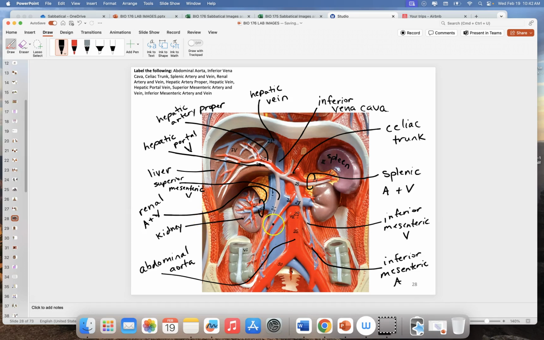And then here, this vessel here is going to be our superior mesenteric artery.